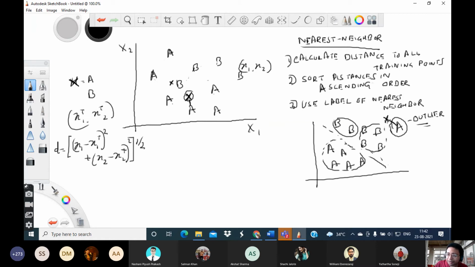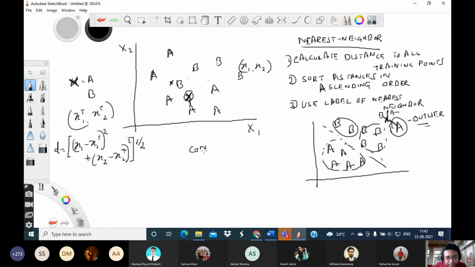So if we are unlucky, the nearest neighbor of any point may turn out to be an outlier, in which case it will be incorrectly classified. Although this point is expected to be B, because it is closest to an outlier, we classify it as A, just like someone said. So here what we have got is the con of nearest neighbor.